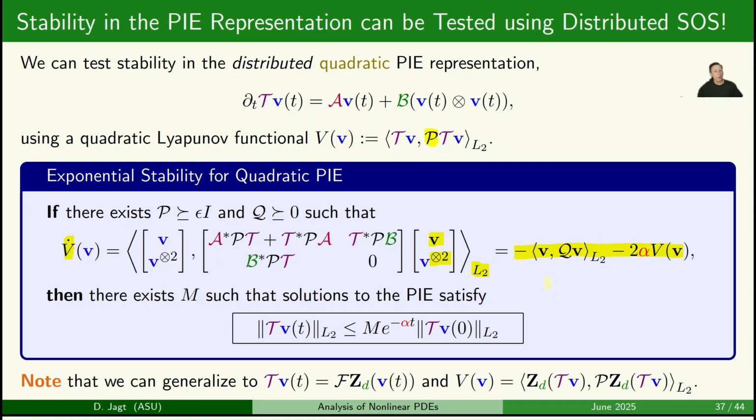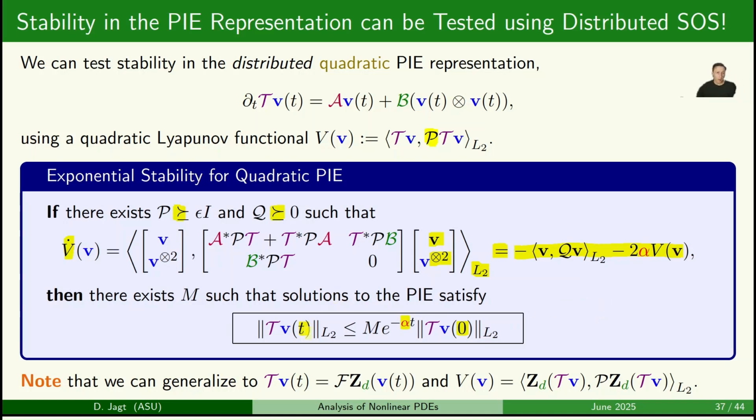So then if there exists a positive semi-definite operator P and positive semi-definite operator Q such that this condition here is satisfied, such as this equality constraint here is satisfied, then this actually proves exponential stability of our PIE. In particular, it shows that the L2 norm of the state at each time t is bounded by the L2 norm of the initial state multiplied with an exponentially decaying function with exponential decay rate alpha.